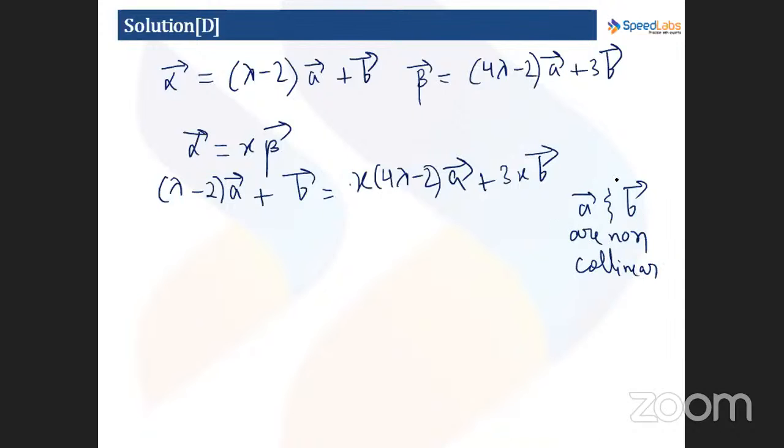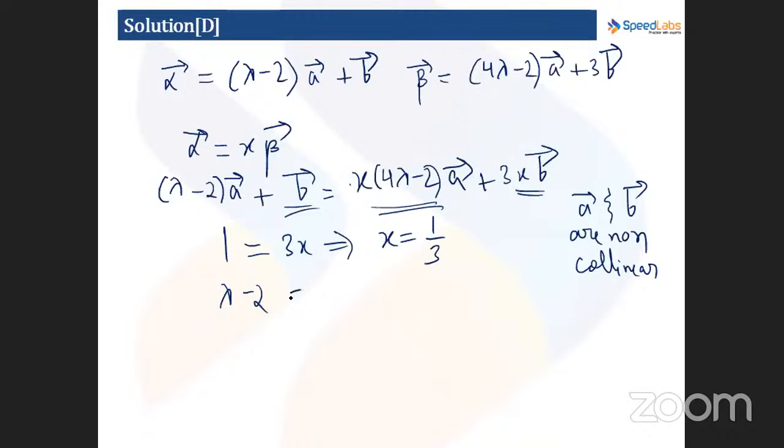Now it is given that a and b are non-collinear. So if a and b are non-collinear and this has to be equal, then this is possible only when the coefficient of a is equal to the coefficient of a here and the coefficient of b here is equal to the coefficient of b here. So the coefficient of b here is 1, it is equal to 3x. So this implies that x equal to 1 by 3. And now let's check for the coefficient of a.